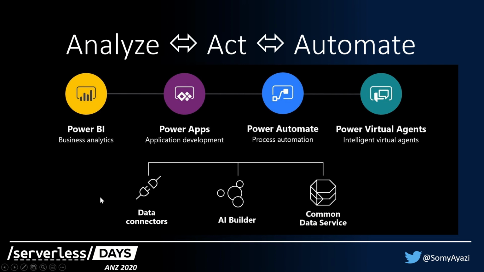So you can use connectors to connect to other data sources and start reading from those sources. With Power BI, you can build and generate dashboards and reports, and you can have different types of metrics to help you make a decision based on the results that you're seeing within your system.